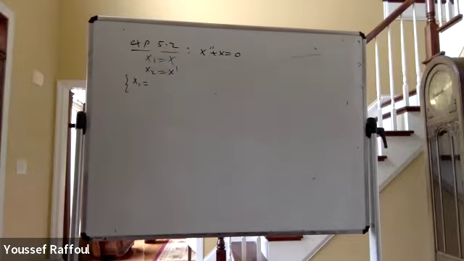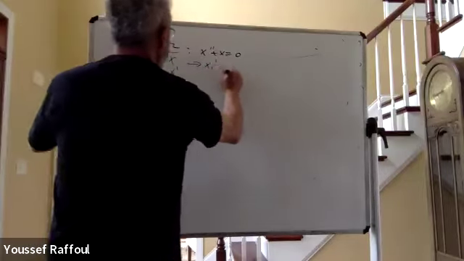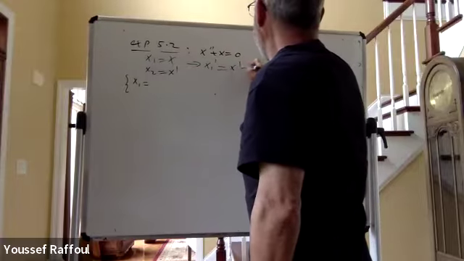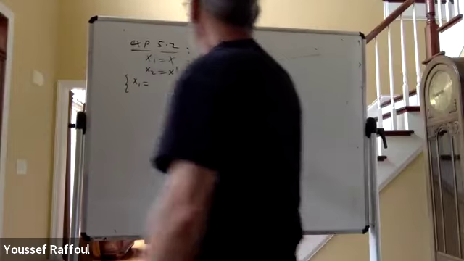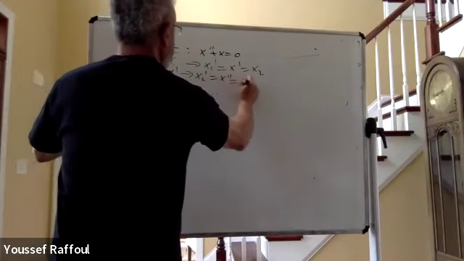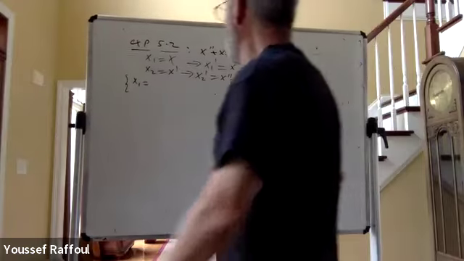And so x1 prime equal to x prime equal to x2, and x2 prime equal to x second equal to minus x, that is minus x1.